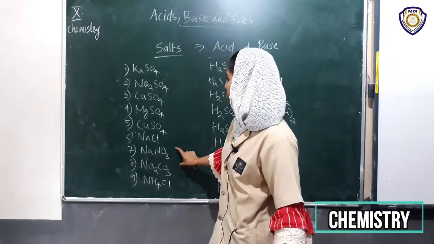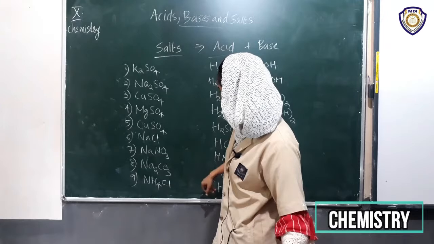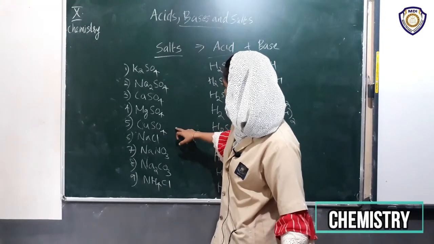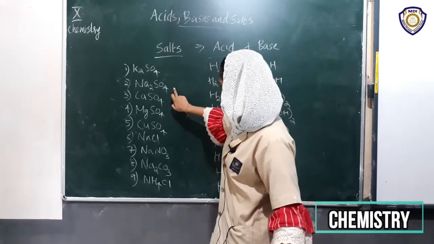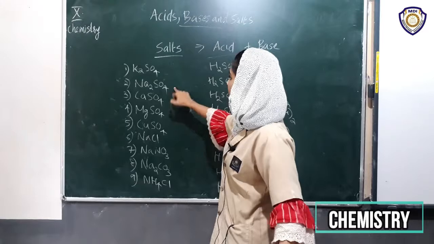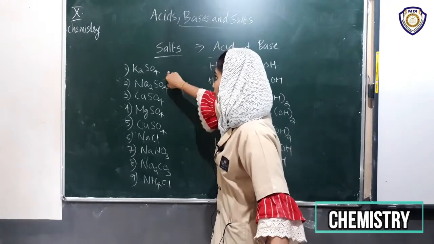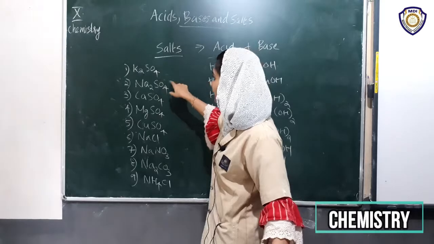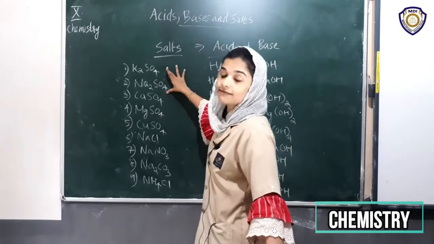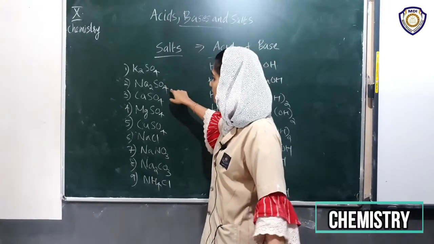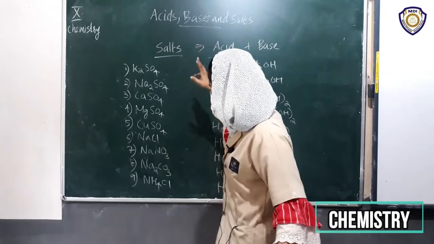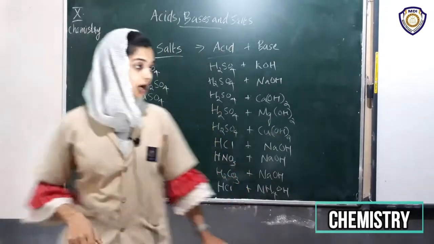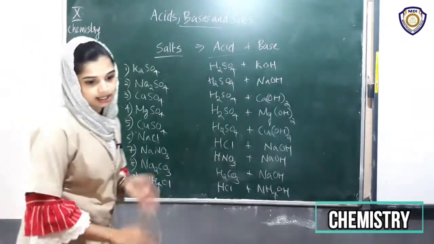And also Na2SO4 and K2SO4: here the negative radical is the same, so these salts are in the same family, the sulfate family. Like this we can include many salts in different families.